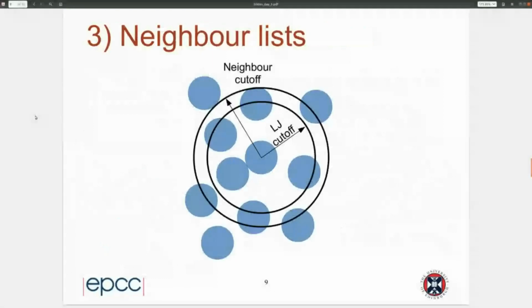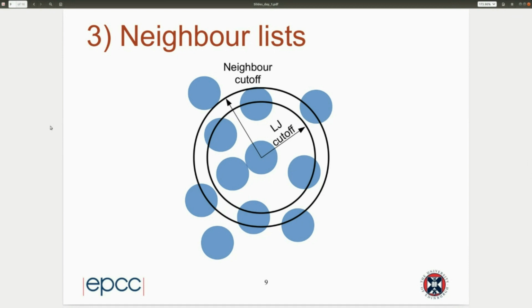So neighbor lists. What's the idea of neighbor lists? The way that molecular dynamics works is that once you've got all of your interparticle interactions set up, all of your particle-particle interactions, your bond interactions, your angle interactions, whatever you want, you then go through the entire list of all of the atoms you've got, and you say, okay, atom 1, how do you interact with atom 2?